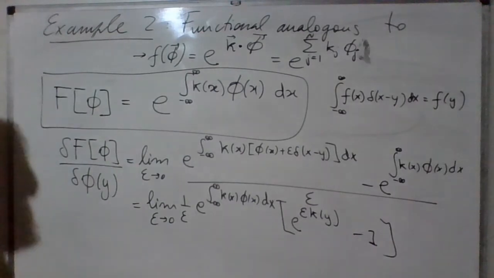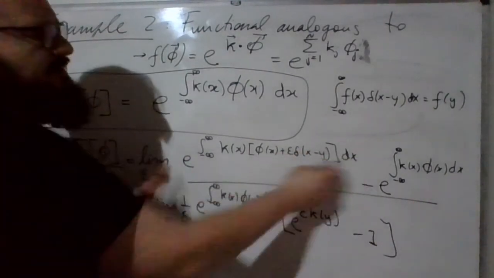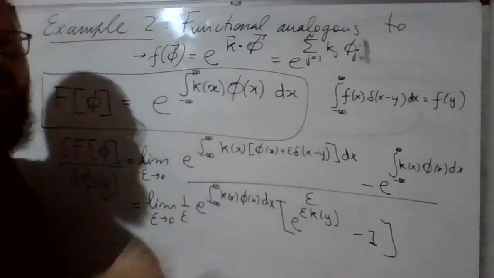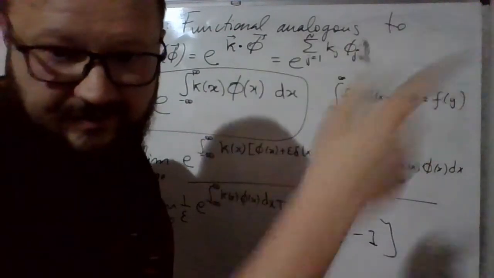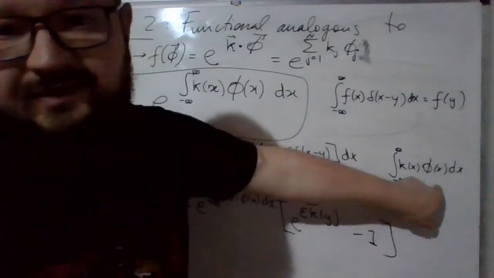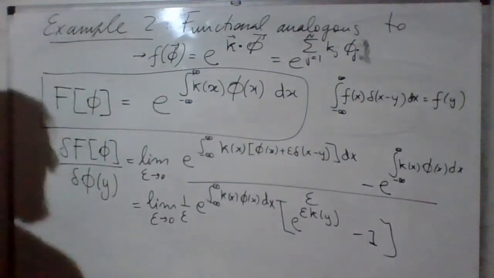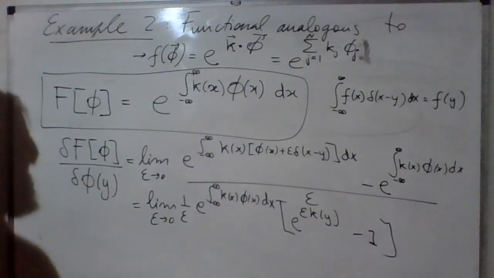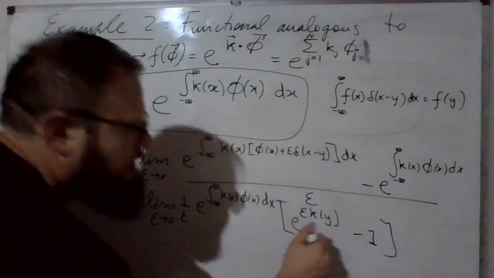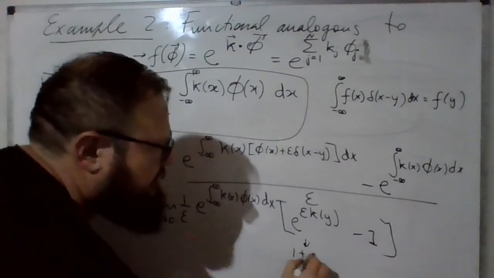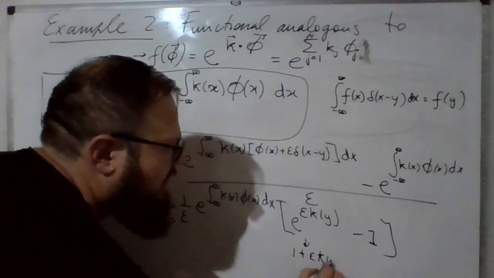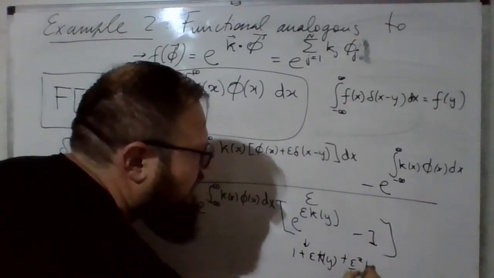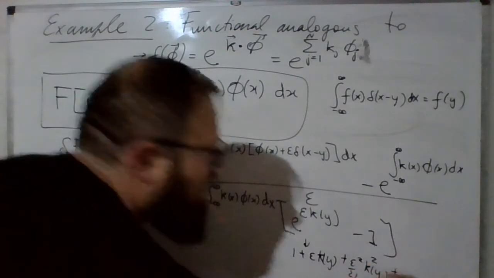Okay, so I'm calculating the functional displaced by this epsilon delta of x minus y, or changed by this small amount, minus the original, and I have this. But now this epsilon is taken to be infinitesimal, so I can expand this exponential as 1 plus epsilon k of y plus epsilon squared over 2 factorial k of y squared, and so on.